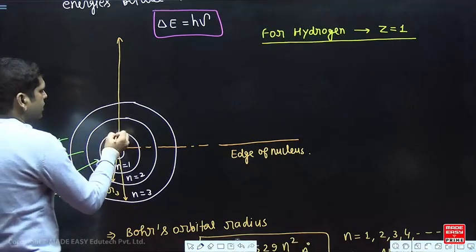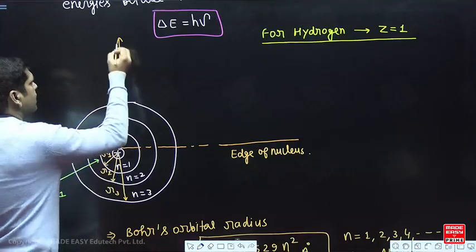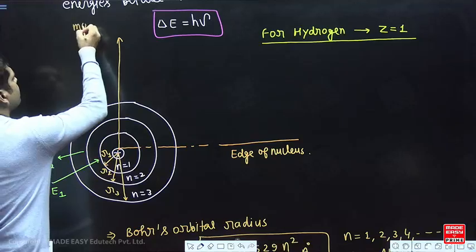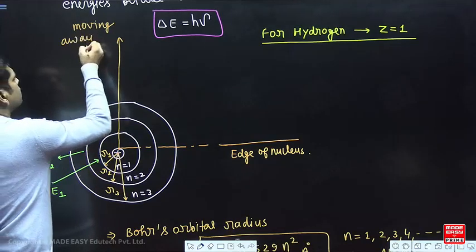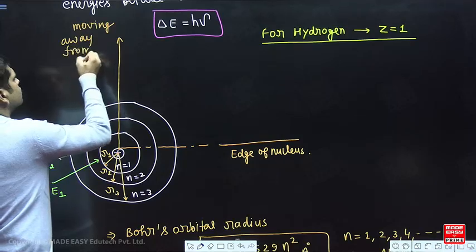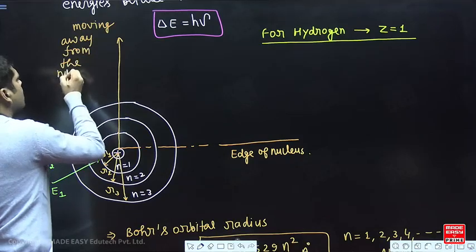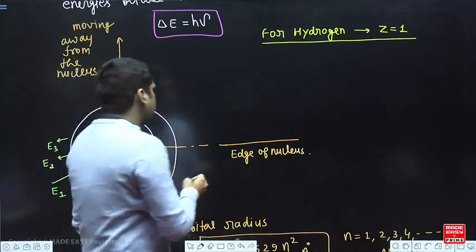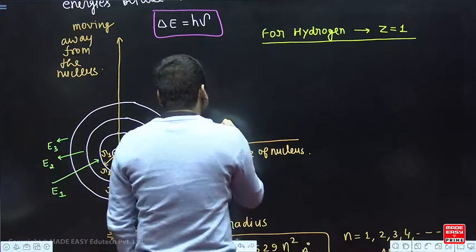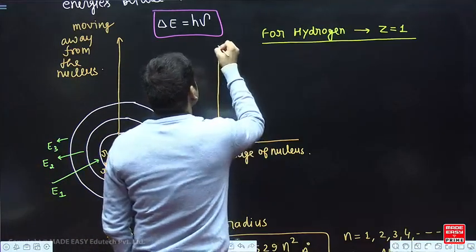So let us suppose we are going to this point, this point, and likewise. So moving away from the nucleus, and now I want to plot the variation of energy of the electron.